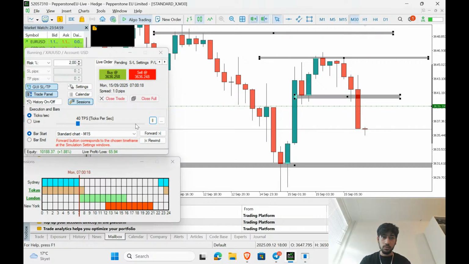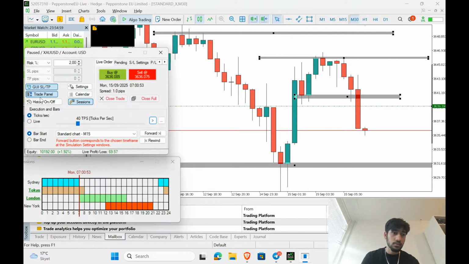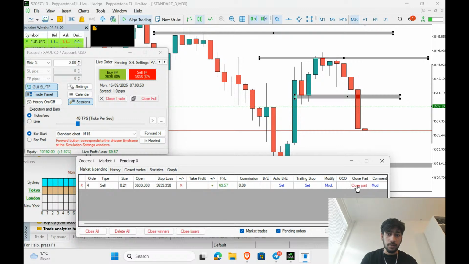This candle closed with no wick at the bottom, so I'm gonna close another 50%.